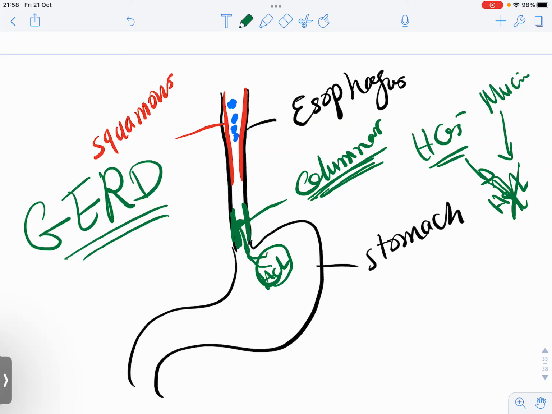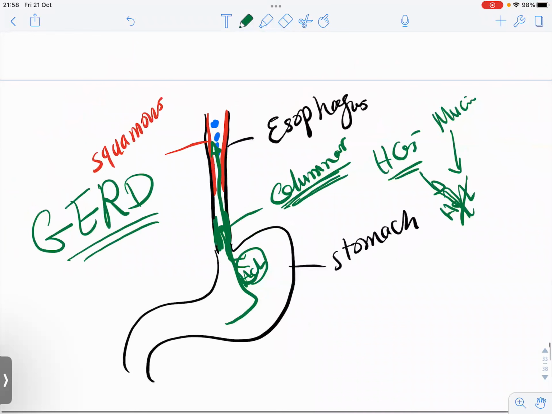So this is squamous, in red color. It will say, oh my God, I cannot face the HCl, so I have to transform into my brother, columnar epithelium. Why? To be able to face the acidity coming from the stomach.